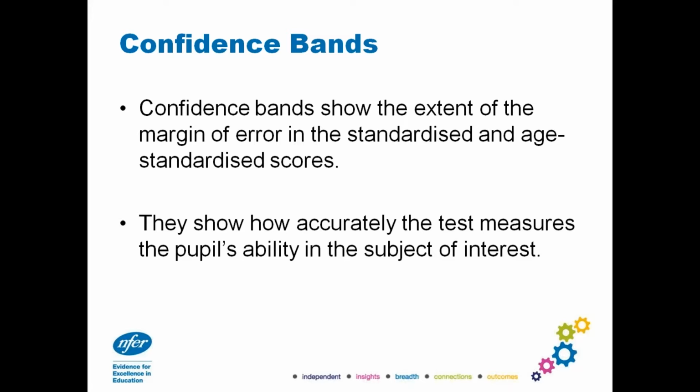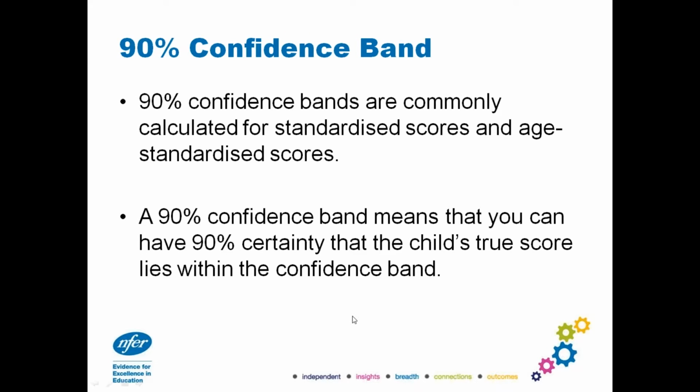Putting it in a different way, the confidence bands show you how accurately the test measures the pupil's ability in the subject of interest, whether that be reading, grammar or maths, for example. In tests used at primary school, typically you get 90% confidence bands. They're commonly calculated for tests such as the NFER tests to give you the standardised scores and age-standardised scores.